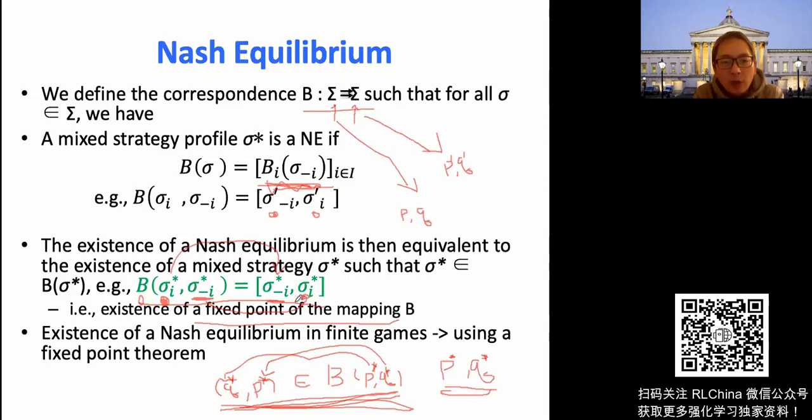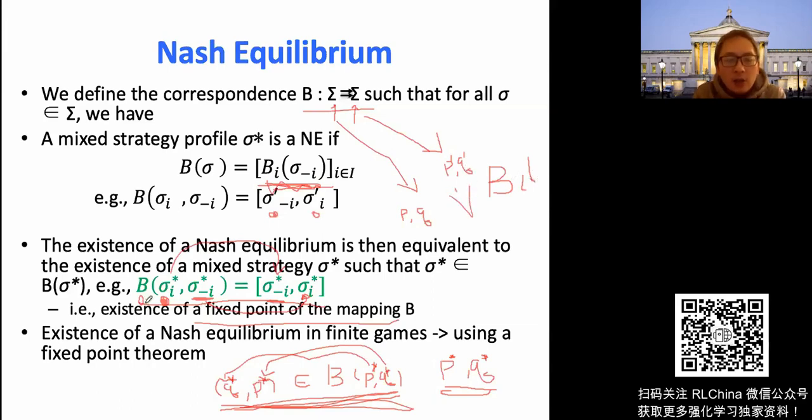Because at the fixed point, you are the best response to me, and I'm the best response to you, and nobody wants to deviate from it. So if you write it down in this best response correspondence setting, the input is your mixed strategy, output is your mixed strategy.